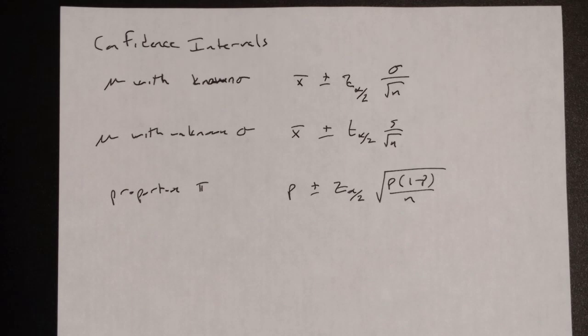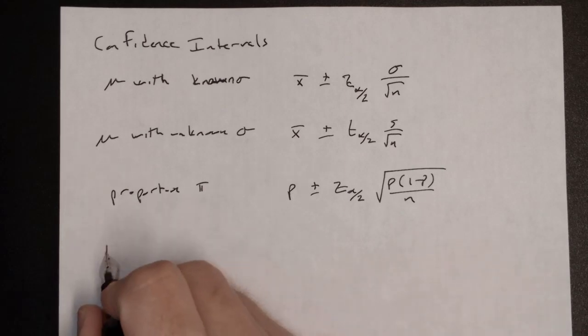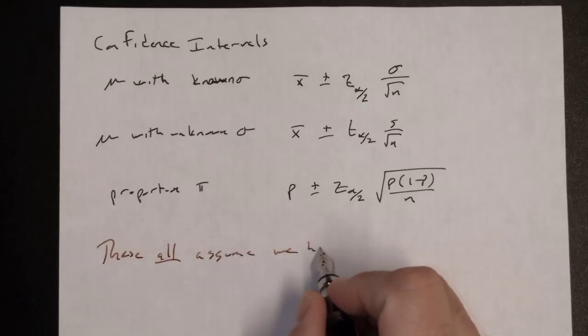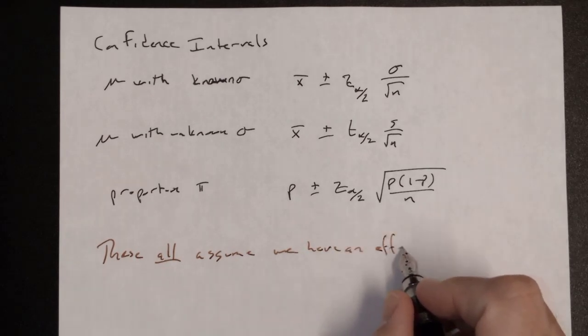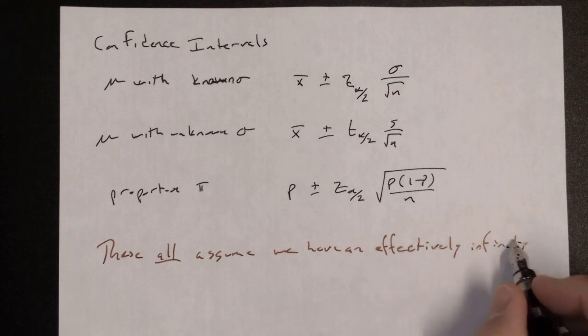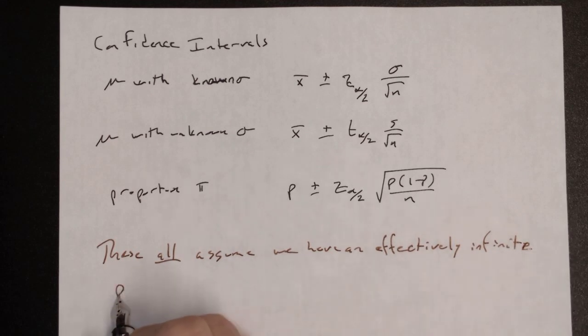I've heard that phrase before. It's been quite some time since I heard that phrase. Back in chapter 2, what does it mean for a population to be considered effectively infinite?